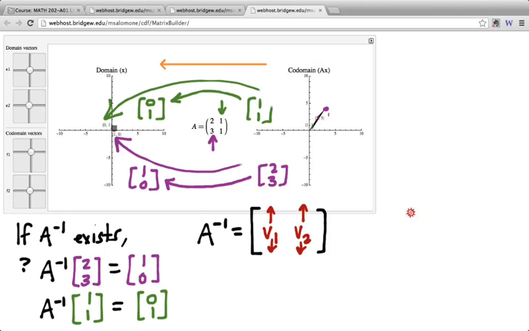Then, according to our first equation, we should have 2 times the first column of A inverse, so 2 times the column V1, plus 3 times the column V2, should equal 1, 0.